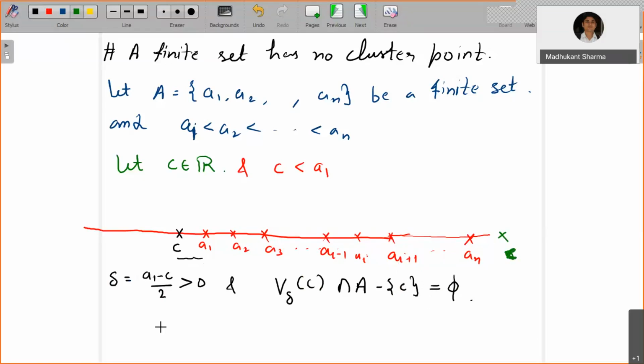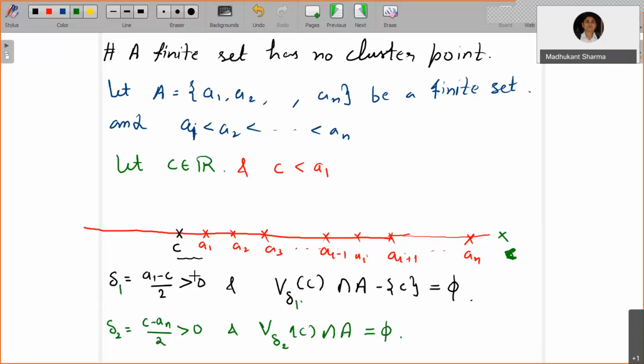On the other hand, if C is lying on the right, then you can choose for this case, let's say this is delta 1. Then delta 2 equals (C minus an) by 2, which is greater than 0, and V delta 2 of C intersection with A is the empty set.